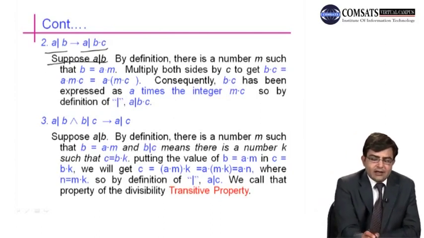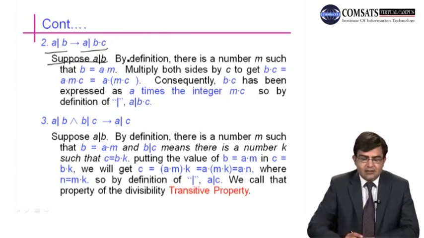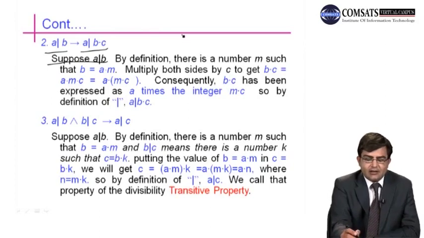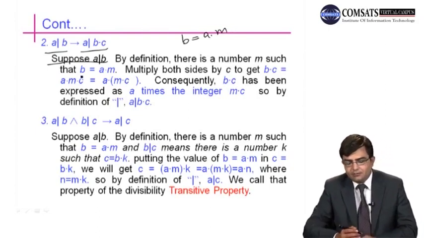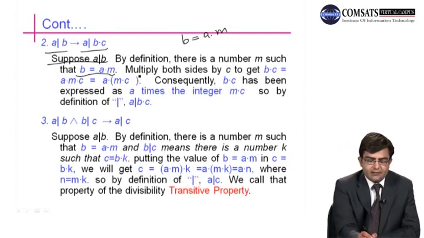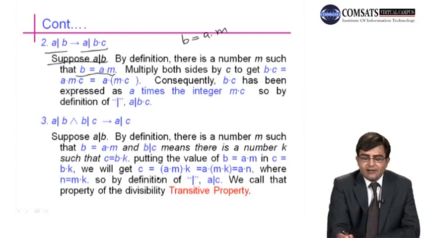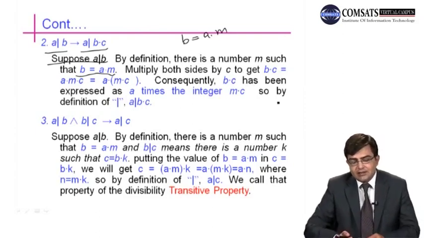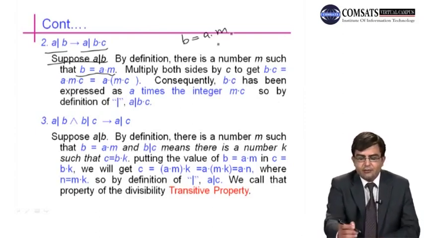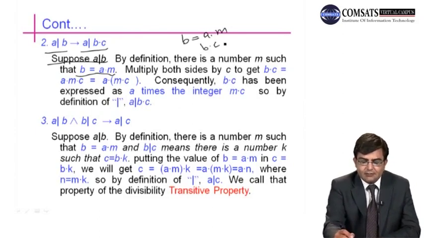So we suppose here A divides B. If A divides B, then again we can write B as a product of A and some integer m. Here we have written it by definition of division. Now if we multiply both sides by C, B times C is equal to A times m times C.